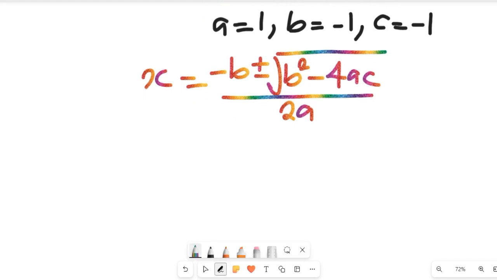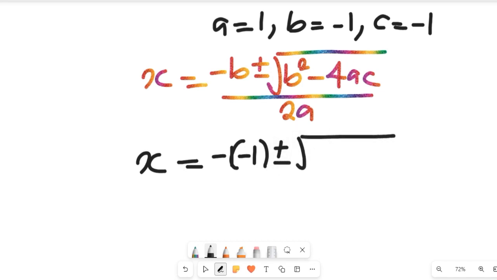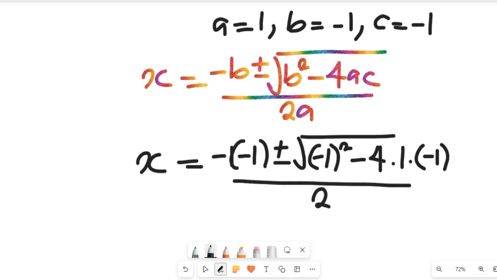We'll have x equal to negative of negative 1, because we'll have a negative there, plus or minus the square root of negative 1 squared minus 4 multiplied by 1 multiplied by negative 1, and all these will be divided by 2.